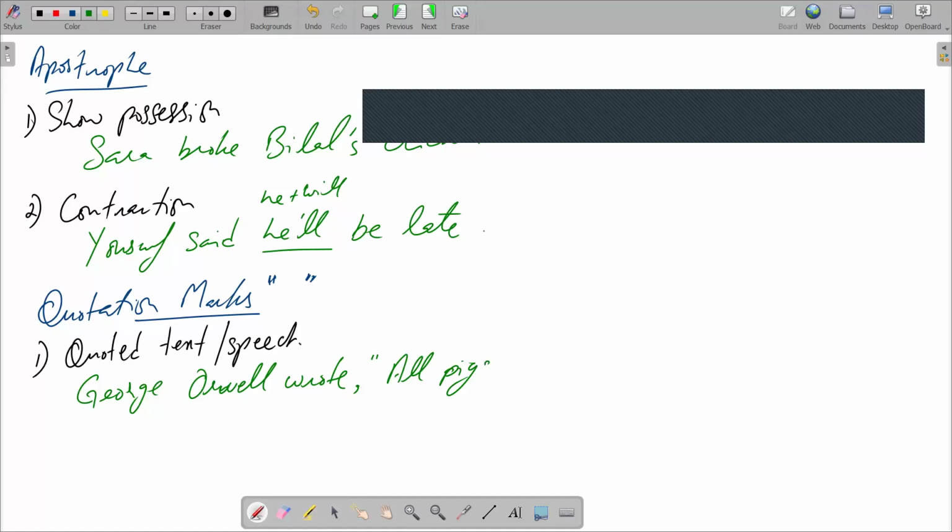And this is a quote from his book, Animal Farm, if any of you are familiar with that. If not, you definitely should take a read, because it's really good and it has very strong messages about how humans are. And you can very well relate that to what's going on in the world today. Right, and so I'm writing the word pigs because pigs are one of the main characters in the book.